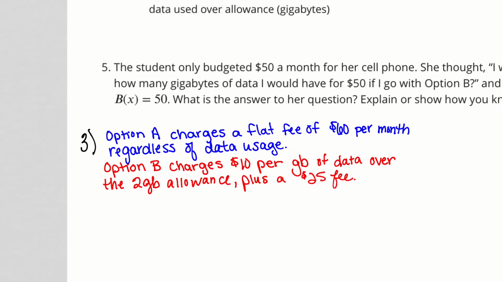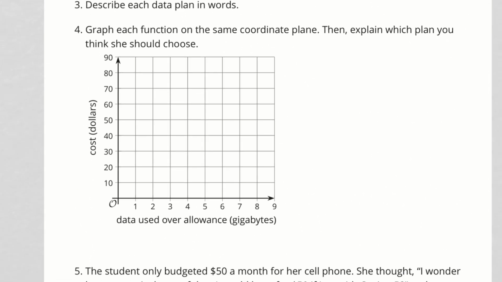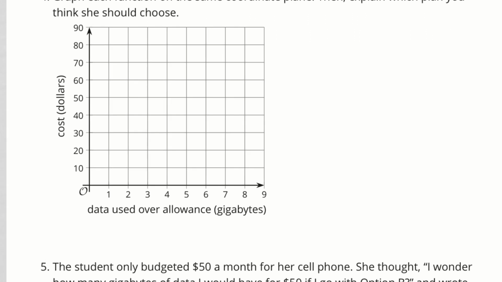All right, so now we're going to go back up and do number 4. Graph each function on the same coordinate plane. Then explain which plan you think she should choose. So our a of x equals 60. So our value is always going to be 60 here.